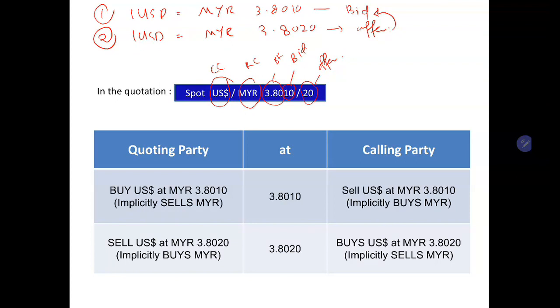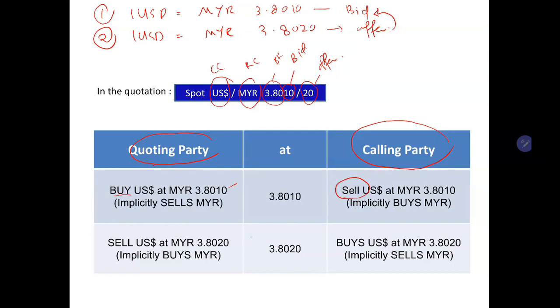So how do we interpret this? We have the quoting party and also the calling party. First, buy USD at MYR 3.8010. The quoting party will buy USD at the price of 3.8010. If the quoting party buys, meaning the calling party will sell, the calling party sells 1 USD at MYR 3.8010.